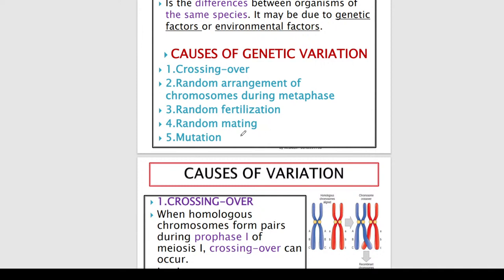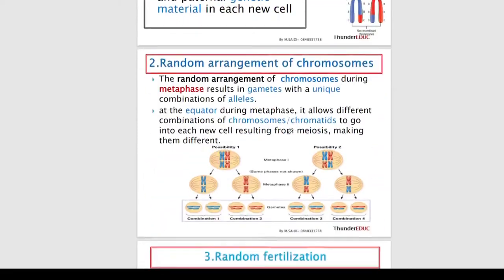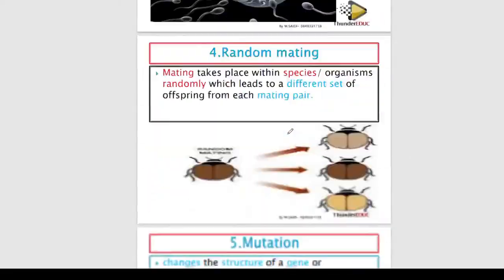Mutation, yes, could be, but sometimes may not, it could even happen before meiosis. So if they ask for 3, you can add mutation. But if they ask for 2 or 1, please start with these. Random fertilization and random mating are not under meiosis, they are under another phase. I think I'm clear there. Yes.